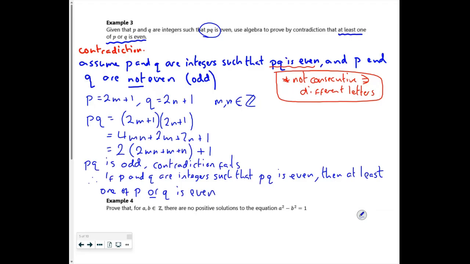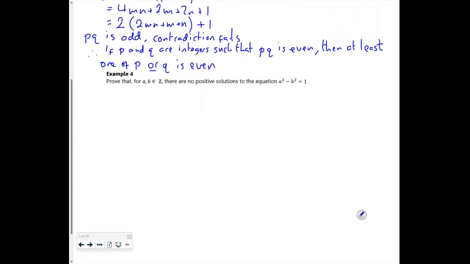So I had a contradiction that said, if P and Q are odd, see if PQ is even. And P and Q were odd, gave me PQ as odd. So my contradiction failed. And then I've got this, they've got the answer there. You see how messy this is? Show that something works by showing that the contradiction, the negation, doesn't.